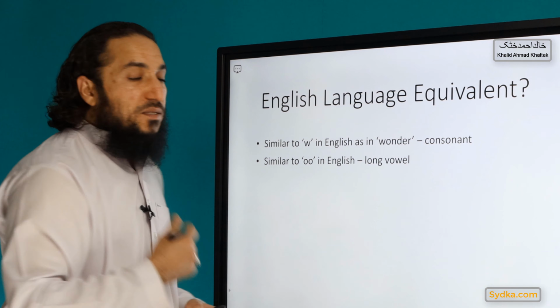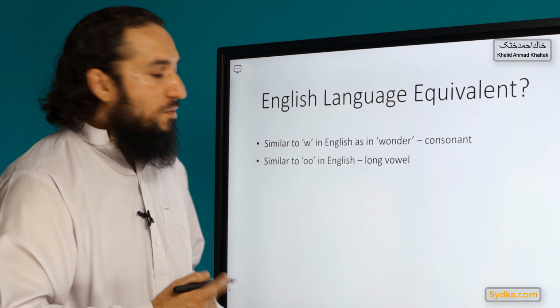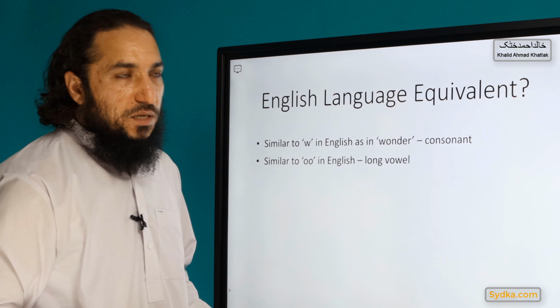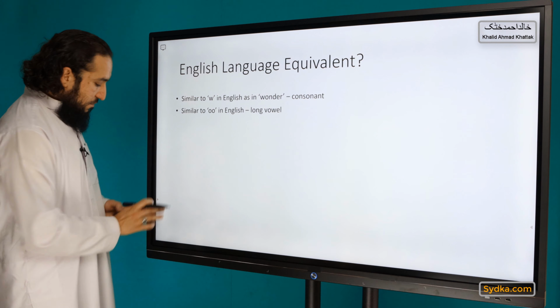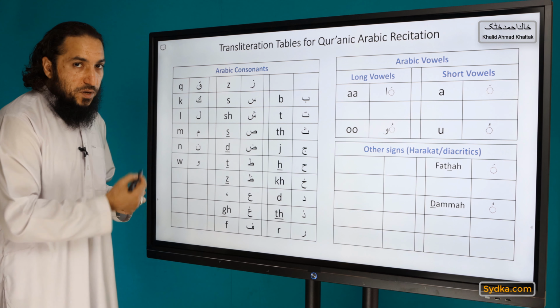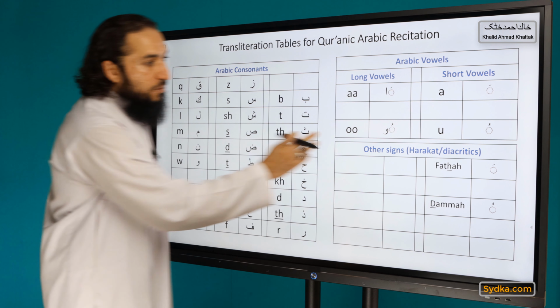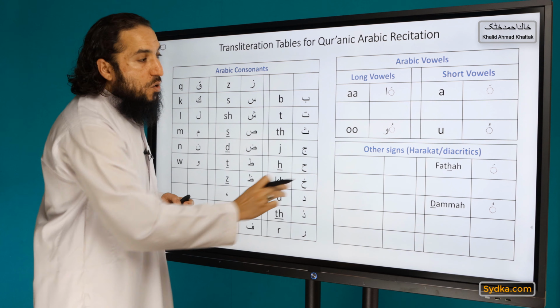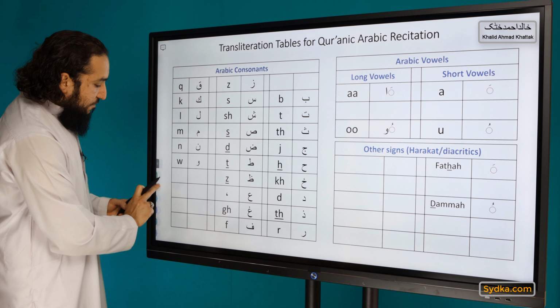But if it is used as a vowel, then it's the oo sound in English, double O. That's equivalent to Waaw when it is used as a vowel. For transliteration purposes, we will be using W for Waaw when it is a consonant, but we will be using double O when it is a vowel.